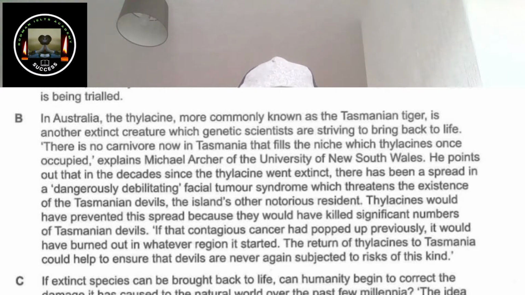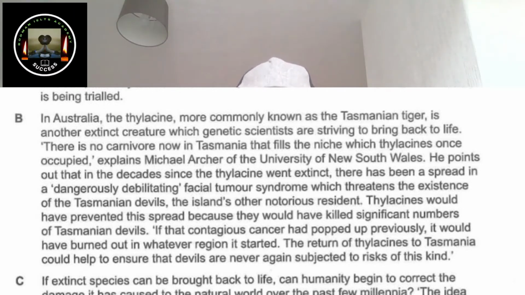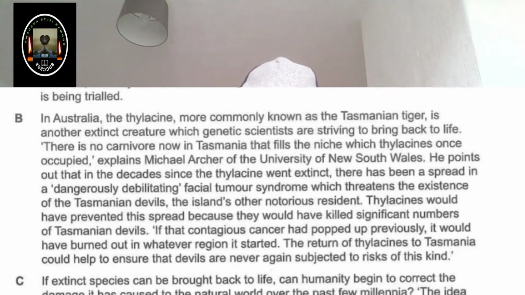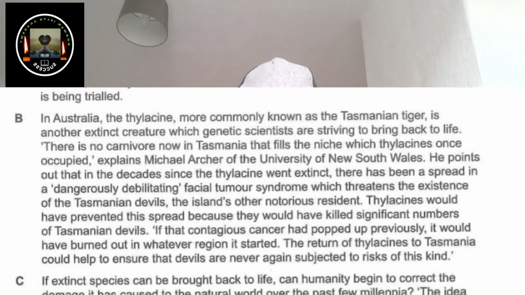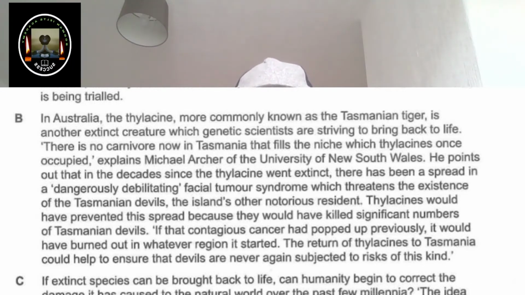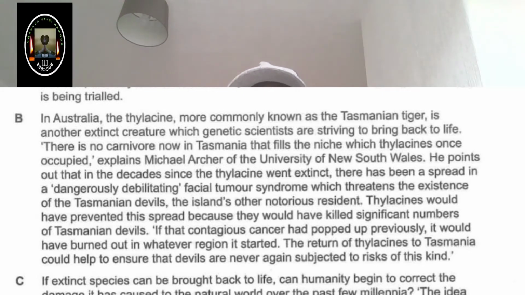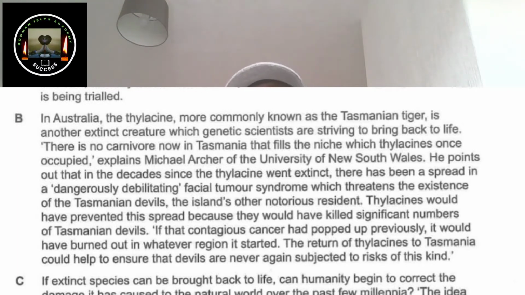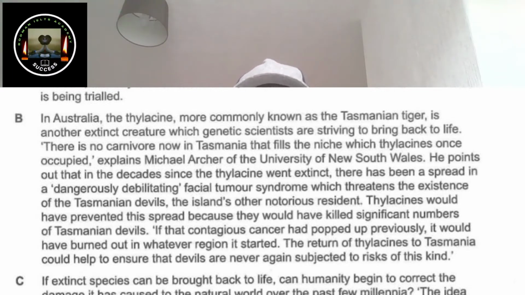Thylacine will have prevented this spread because they will have killed significant numbers of Tasmanian devils. If that contagious cancer has popped up previously, it will have been borne out in whatever region it started. The return of thylacine to Tasmania could help to ensure that devils are never again subjected to risk of this kind. So can you see the reason why they are trying to bring that particular Tasmanian tiger back to life?